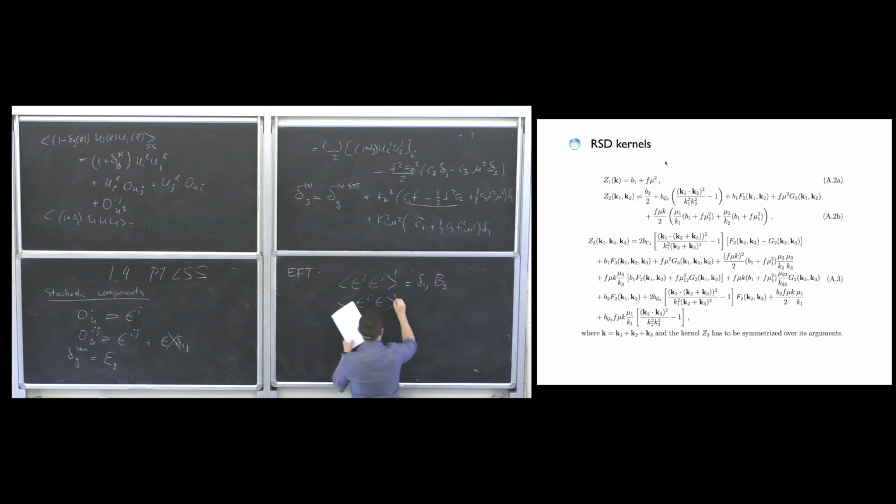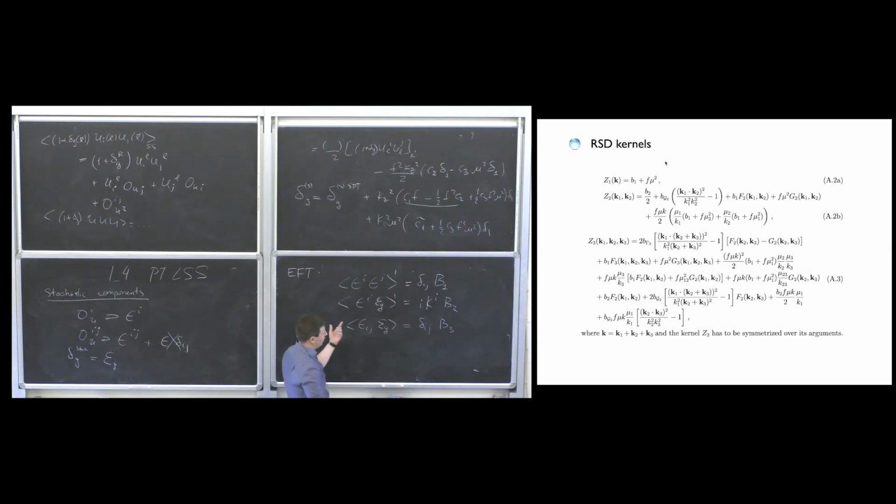Now, it could also correlate with the galaxy stochasticity field, but then the result will have to depend on the vector k_i, because this has one index. The only index we can have on the right-hand side is the index attached to k_i, times B2. And then the epsilon field, the spin 2 field, will be correlating with the galaxy stochasticity field, again with the Kronecker delta.